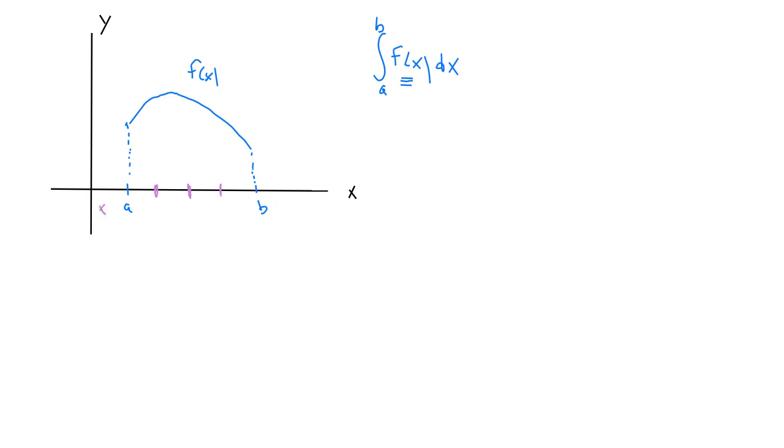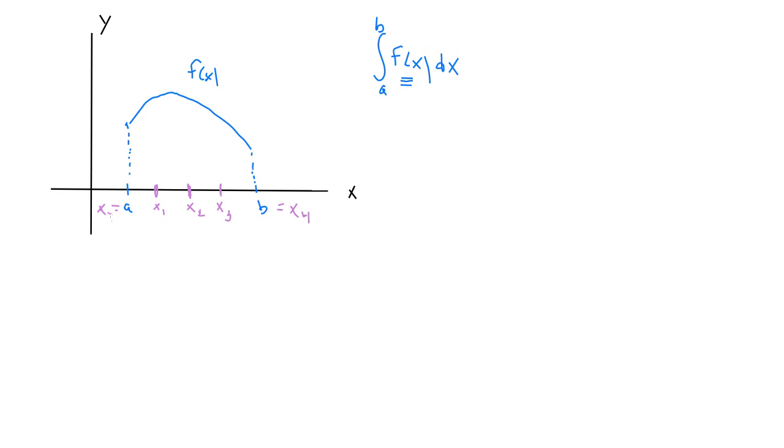I could call a, x sub 0, and then this point here is x sub 1, this point here is x sub 2, this point here is x sub 3, and then b I would call x sub 4. Nothing wrong with that, right?